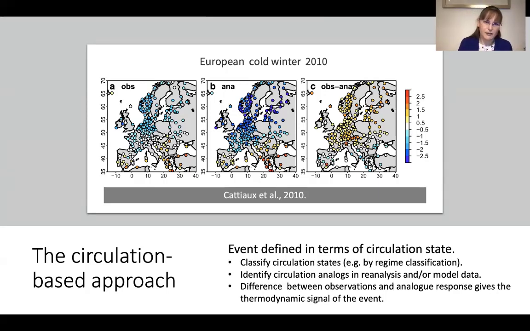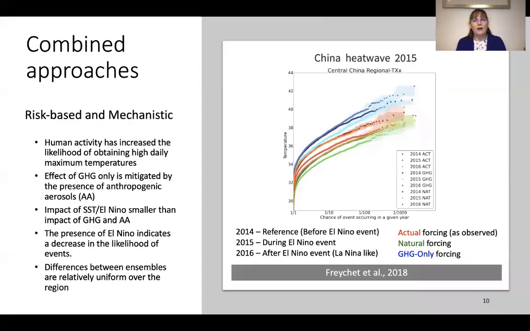And here the difference between the observed response and what we would expect from the circulation analogue tells us something about what the thermodynamic signal of the event was and what effect that had on the particular extreme. So it's separating or partitioning the effects of the thermodynamics and the dynamics.